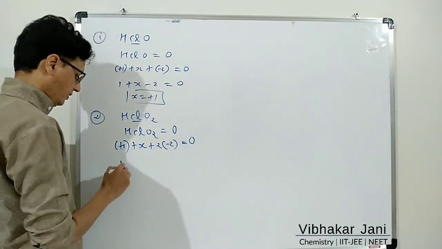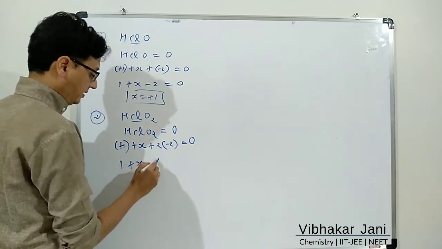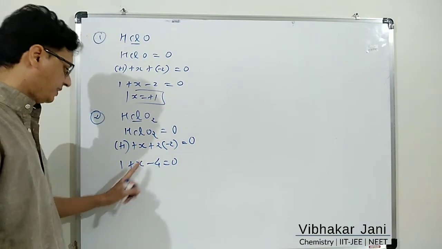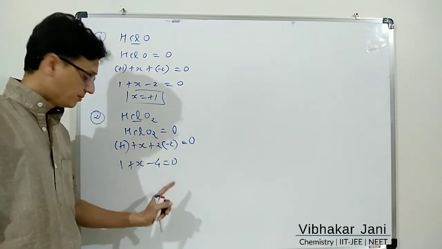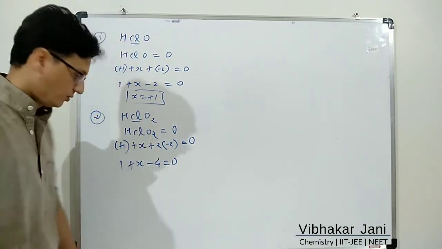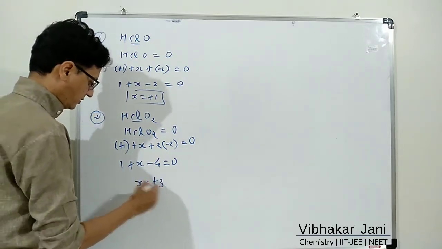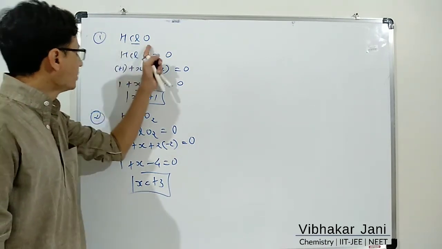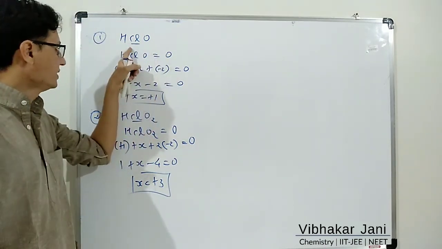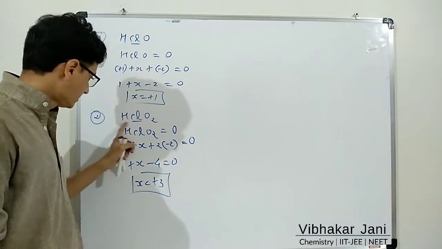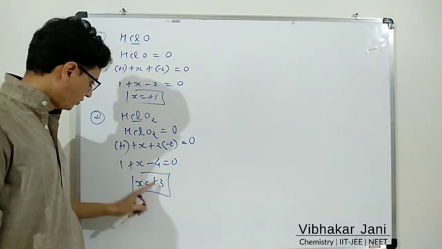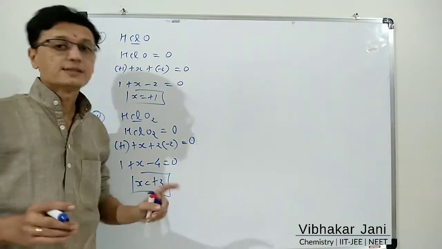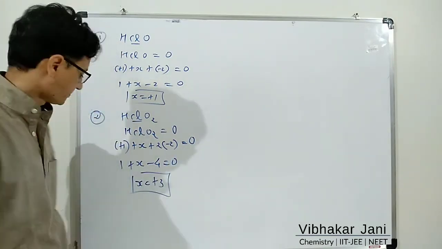So it is 1 plus X minus 4 is equal to 0. Now -4 plus 1 will give us -3, and that -3 goes to the other side of equal to, then we will have the value +3. So in HClO, the oxidation number of chlorine is +1, while in HClO2, the oxidation number of chlorine becomes +3. So the same element in different compounds has different oxidation states.